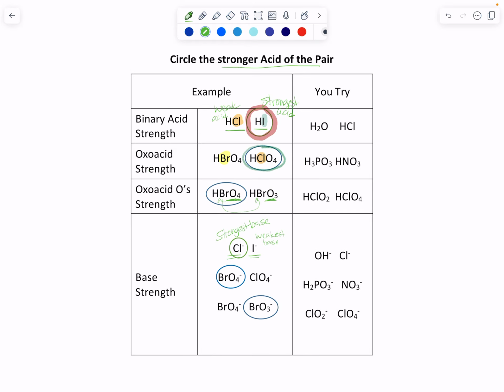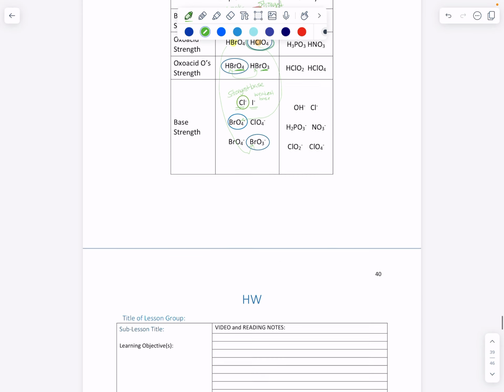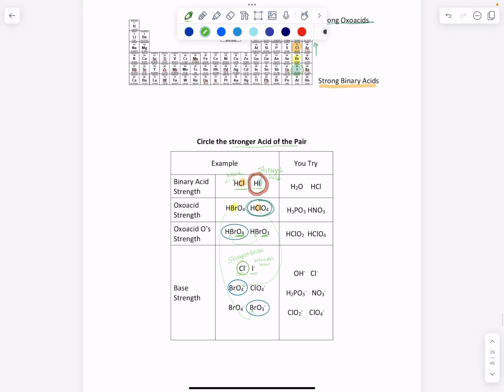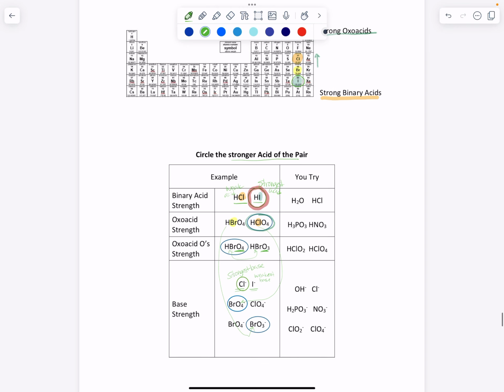And again, you can see I've chosen the opposite one for the base strength. And here's this one's opposite one for the base strength. So if you want to pause it and try, make sure you've got them right, and then you'll be good to go. And that's the end of this section. I'll mark them, but go ahead and pause it.